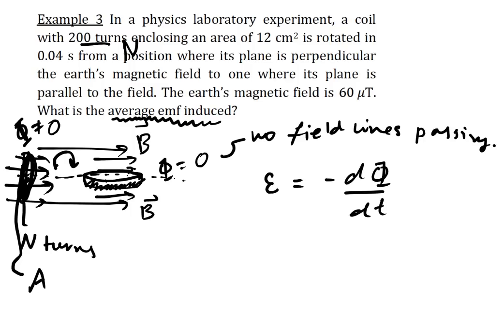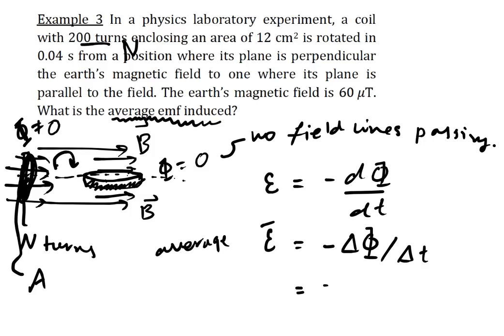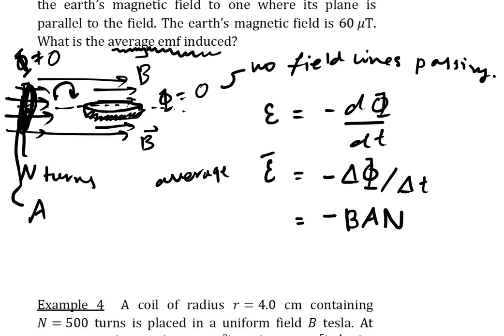But if we talk about the average EMF, d phi by dt becomes delta phi over delta t. The delta phi here, in the first case, is just going to be the magnetic field times the area times the number of turns.